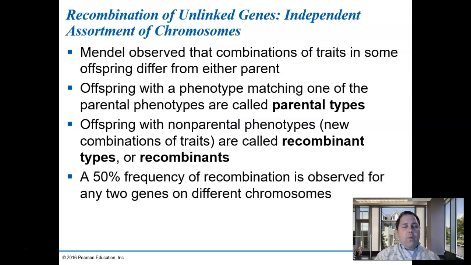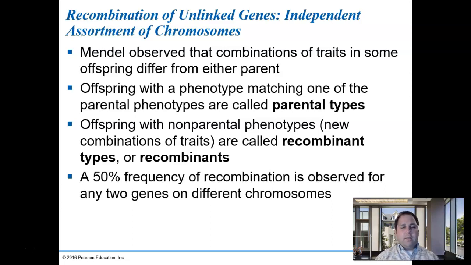And so when we think about these parental types and their recombinant types, generating recombinant phenotypes, combining the traits, would happen 50% of the time if you were on different chromosomes. So Mendel's models basically predicted that if you do a dihybrid cross, there's a 50-50 chance of getting either trait.